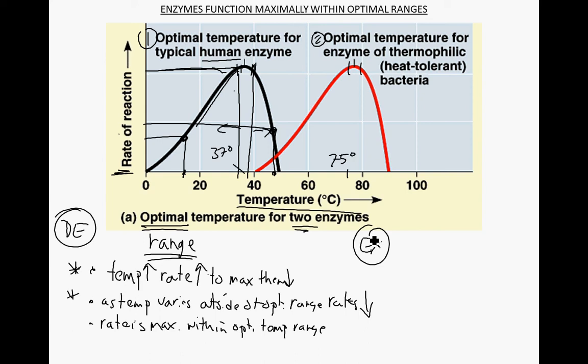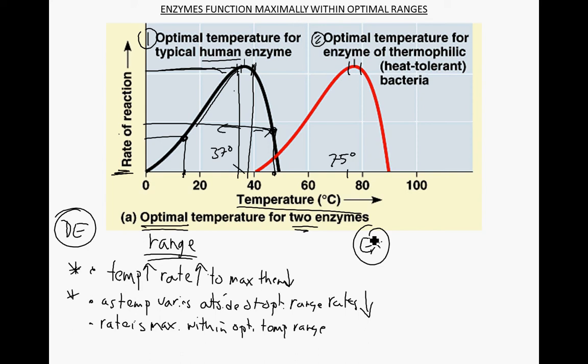Well, for this, the explanation, and I'll use this curve to the right over here of the thermophilic bacterium, but the concept is going to be just the same. So you want to divide this into, at a minimum, two different sections.